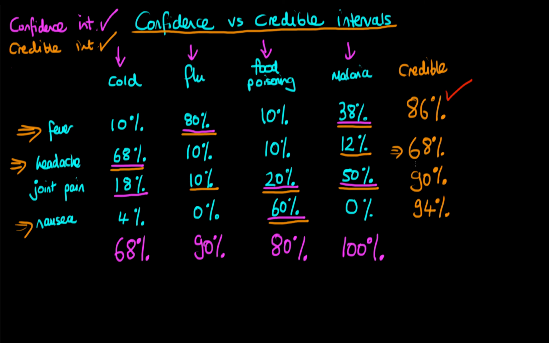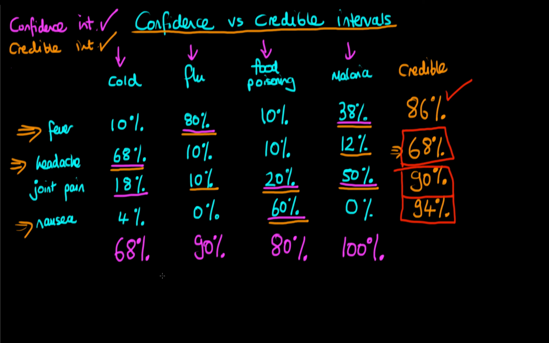For headaches, we actually don't predict as well as we did before. We only predict the right answer 68% of the time. And for the case of joint pain and nausea, in both of those cases, we overextend our limits. And so what we find here is that actually we are being a little bit too uncertain about the condition which we're trying to predict.